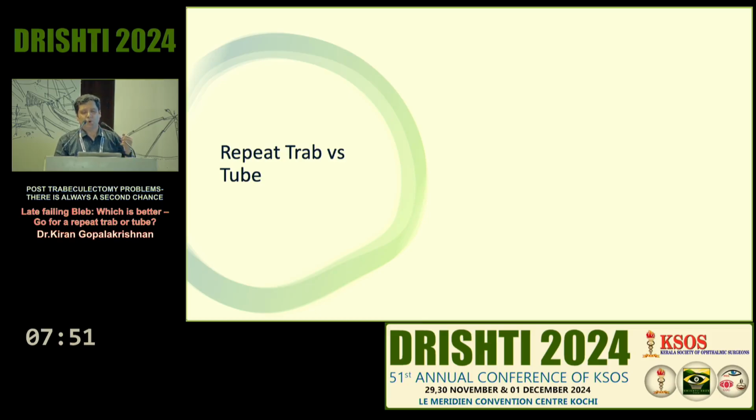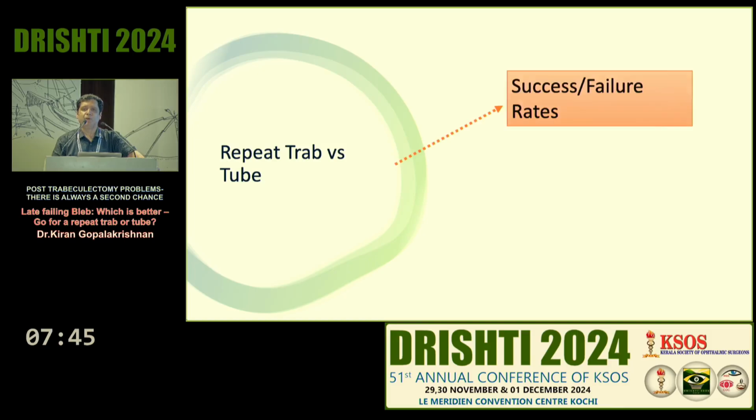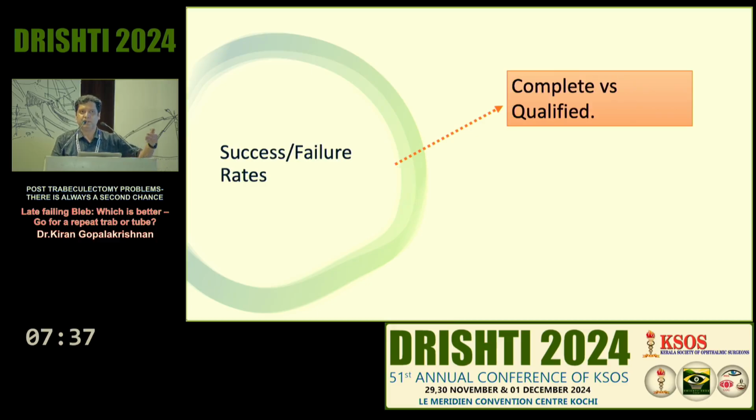So should we now go in for a repeat trab or tube? Whenever we evaluate these procedures, we evaluate them broadly in two baskets. One is success or failure rates, and the other is complications. But this is a very broad basket. Within the success rates, you will also find variations in complete versus qualified success.